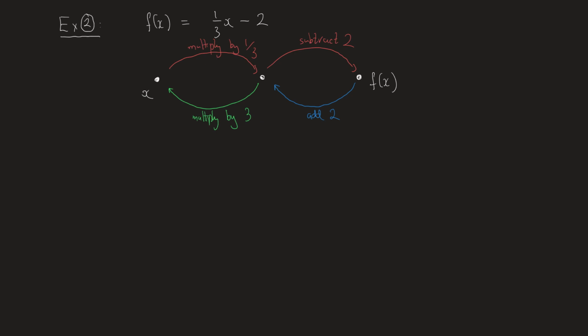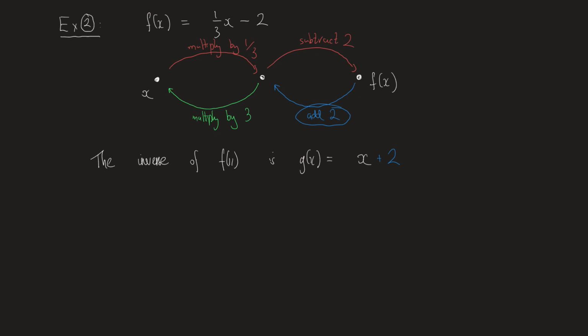Let's record that in function notation. So the inverse of f of x is g of x equals, well, let's think, what did I do? I had my x first of all, and the first thing I did was I added 2. That was the first part of my function.